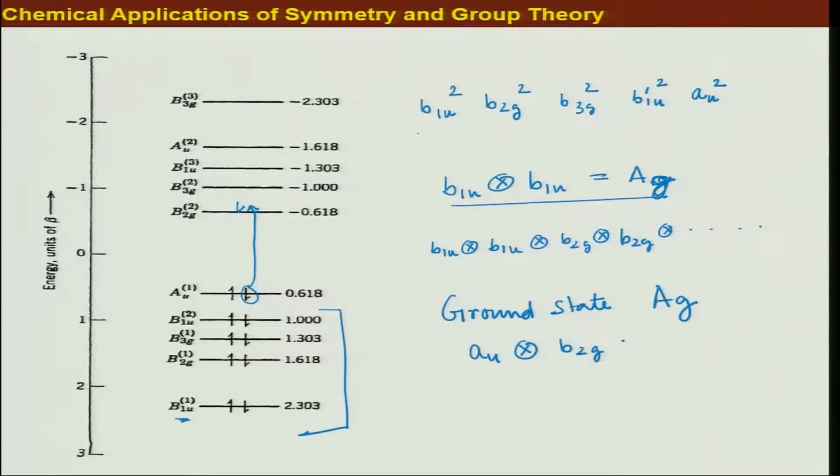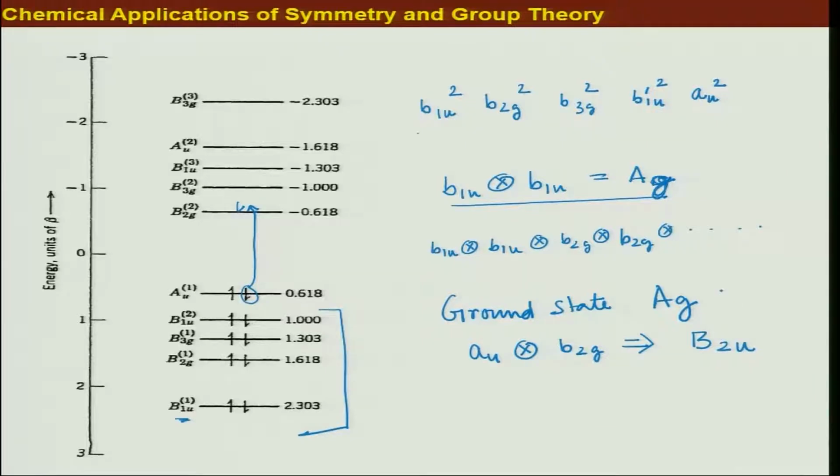In that case, I can easily take a look at my character table, and I can see that AU and B2G gives me B2U. So this gives me a direct product which is B2U, right. So we already know how to get these direct products, right. So B2U is my first excited state, right.